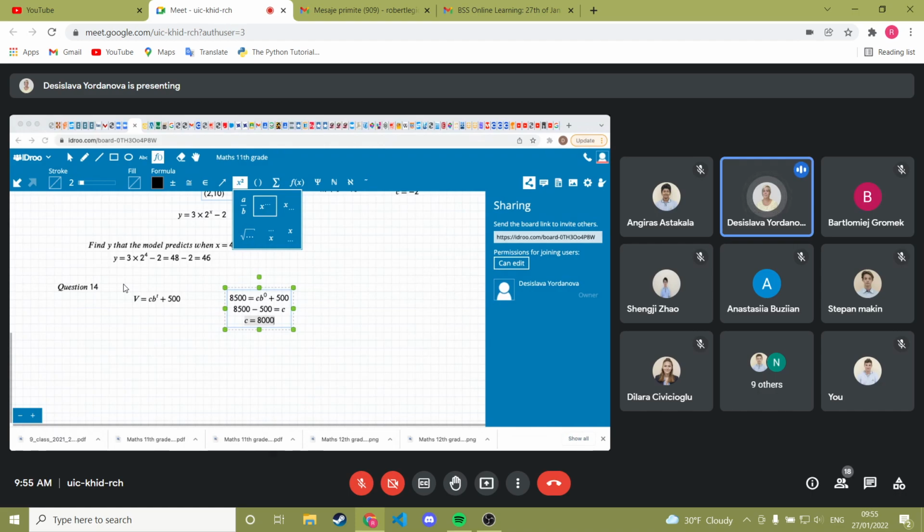And 1 year later, the value is 6,800. So from C equals 8,000, this means that V equals 8,000 b to the power of t plus 500. 1 year later means t equals 1.